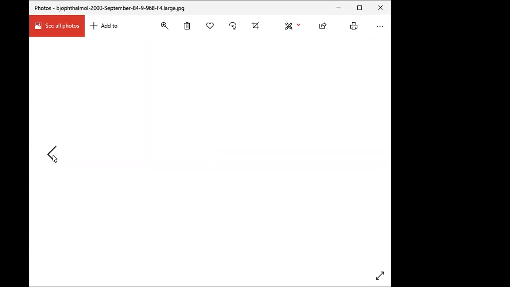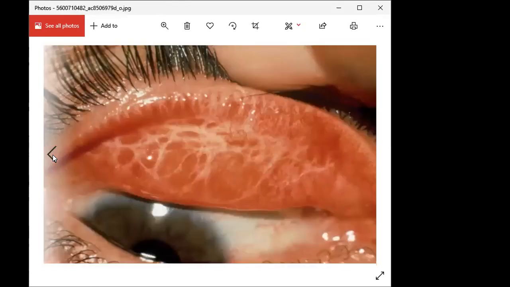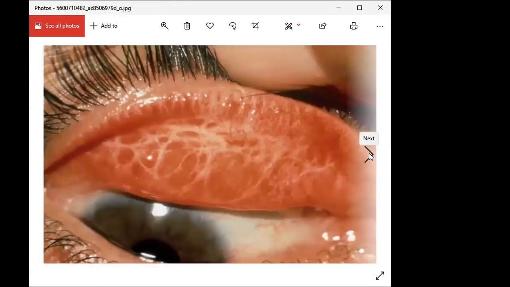The next signs you see: after this scarring and cicatrization stage, the next thing we see is the trichiasis stage.